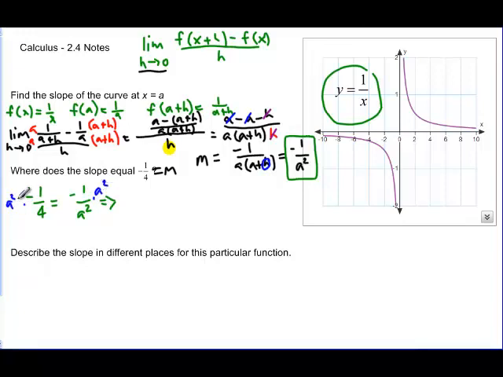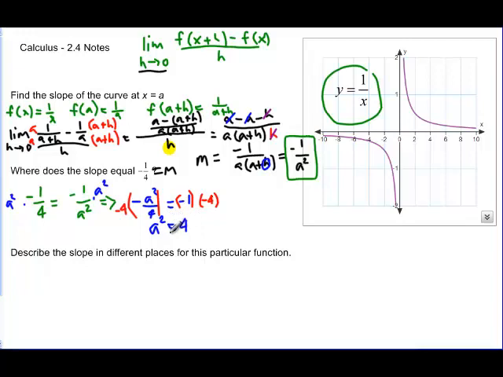And now I have negative a squared over 4 equals negative 1. Multiply both sides by the negative 4. And so that gives me a squared equals 4.